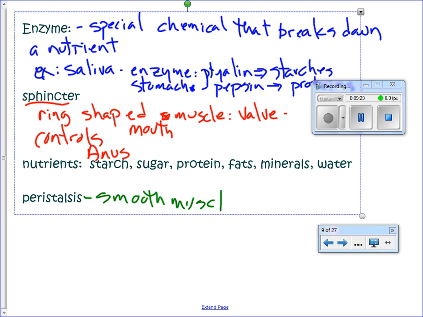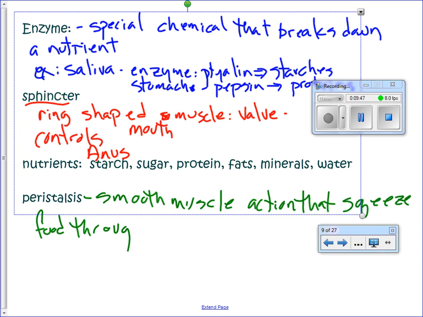Okay, so it's a smooth muscle action that squeezes the food through the digestive system. And so peristalsis, you can imagine if you put your two hands together like this, and imagine squeezing hand over hand to squeeze something through a tube.